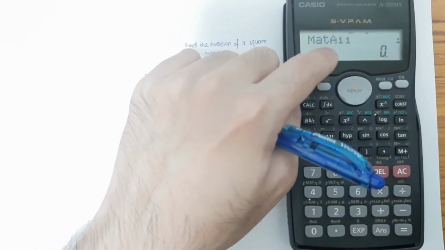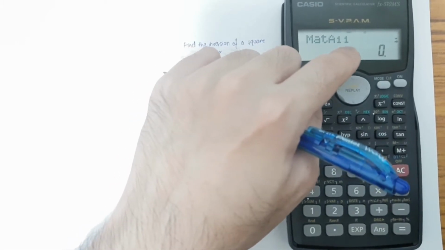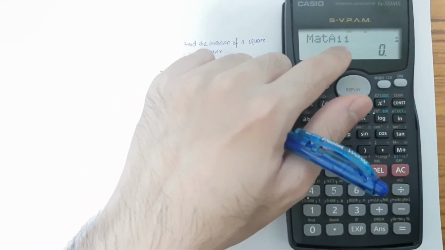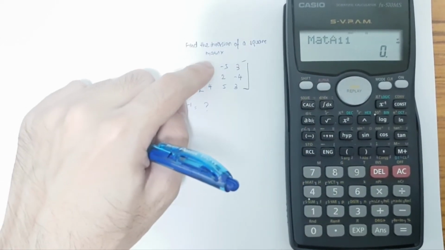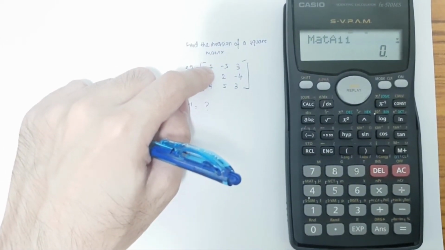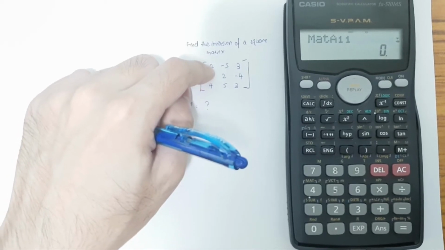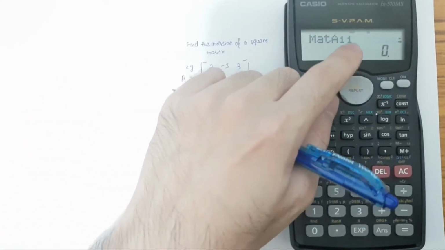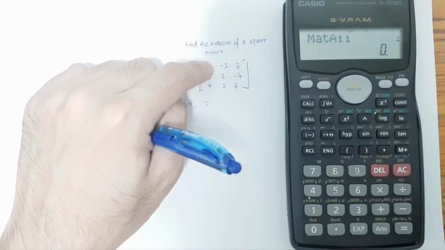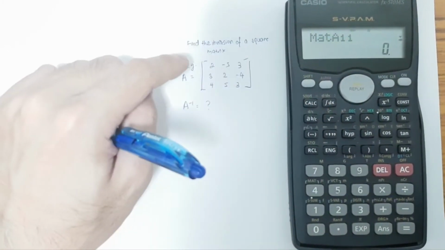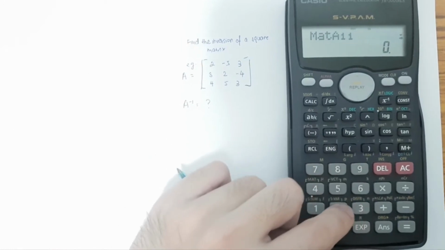MAT big A11 represents the value of the first row, first column of the matrix. The first digit represents the row and the second digit represents the column, which is 2.